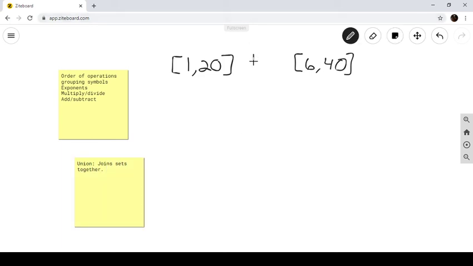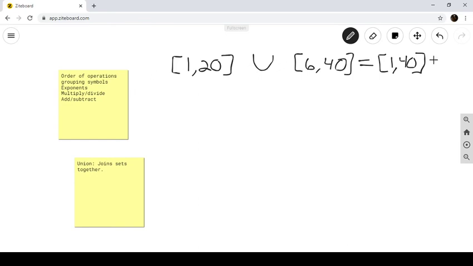So again, if I do a union, which the union symbol looks like a big U, it joins them together, gives me a new set with all the numbers from 1 to 40. And there's my new set.